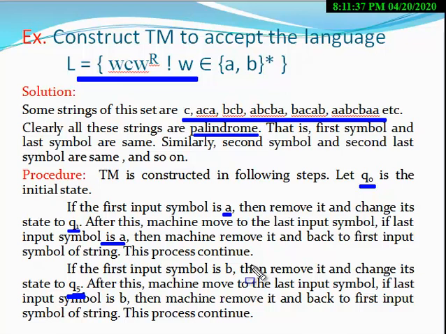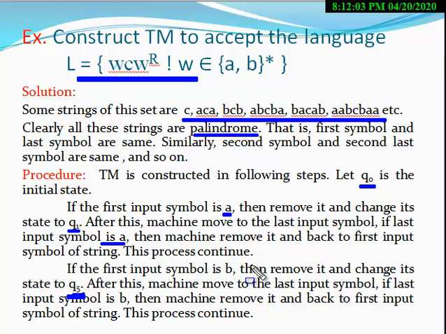At state Q1, the machine only moves in the right direction and checks the last tape symbol of the tape. If the last tape symbol is A, then the machine removes A and moves to the left direction, right? And this process continues.